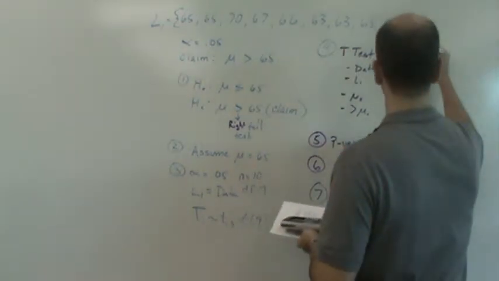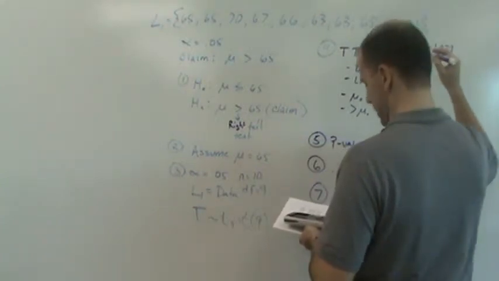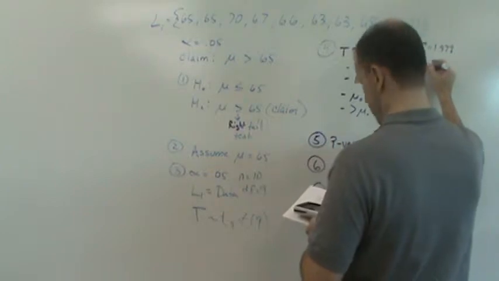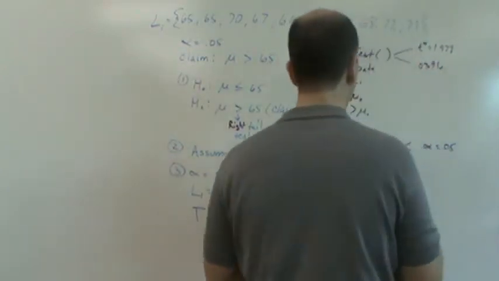And so now I get a t value, a t star. My t star turns out to be equal to 1.978, and my p value is 0.0396. Now, notice that my t star value is a little bit different.